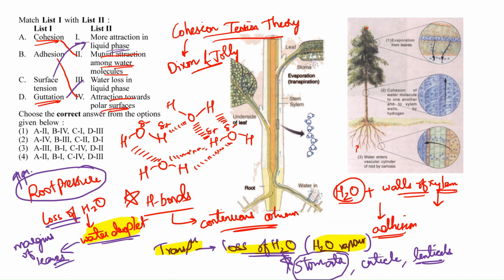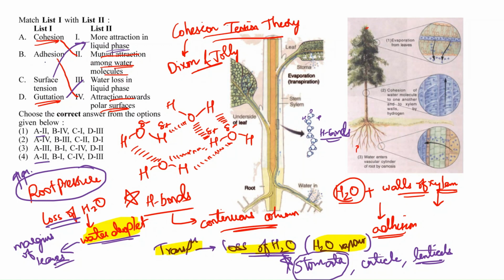Cohesion helps the water molecules. If you can see here, this is the representation of a water molecule, where this is the oxygen atom and these are hydrogens, linked by hydrogen bonds. It allows the water to move in a continuous column. So mutual attraction among water molecules: A2.